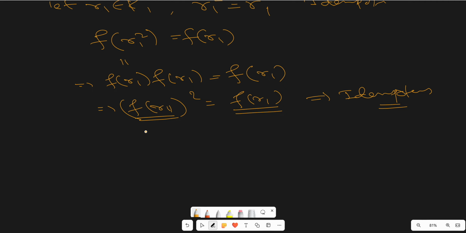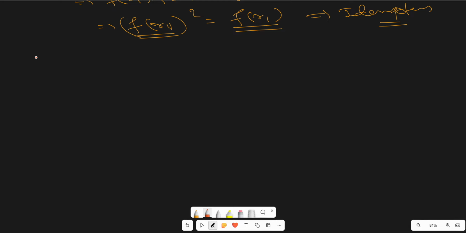Okay, let me give an example here. Suppose f is a map, and you have to check whether it is a homomorphism, from Z[x], the set of all polynomials in one variable x, to Z. How do we define the map?